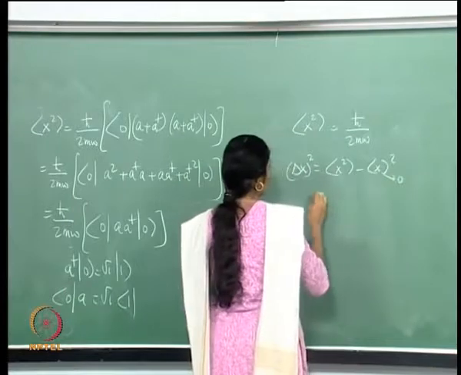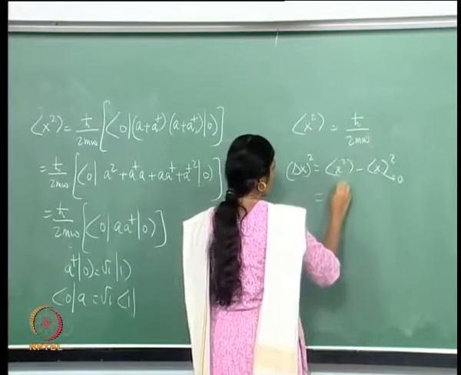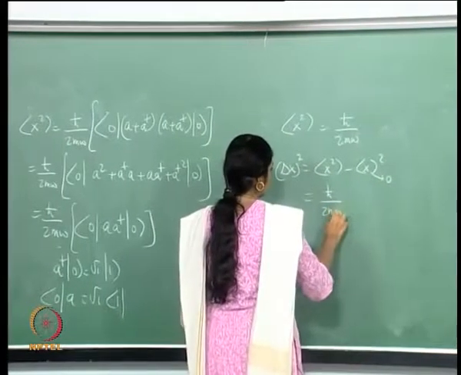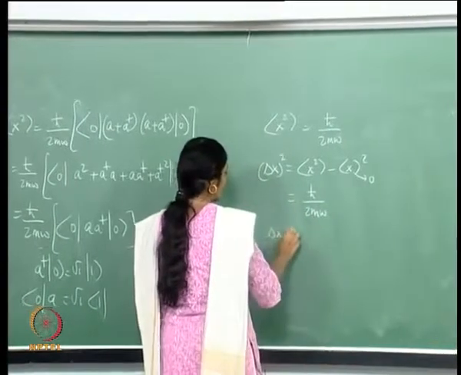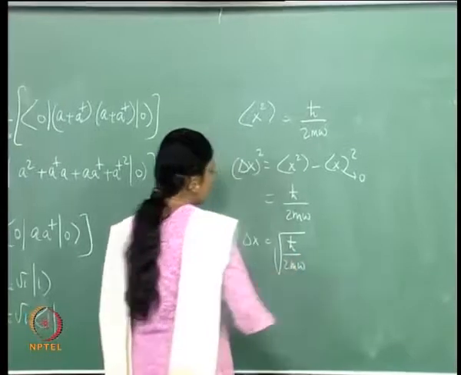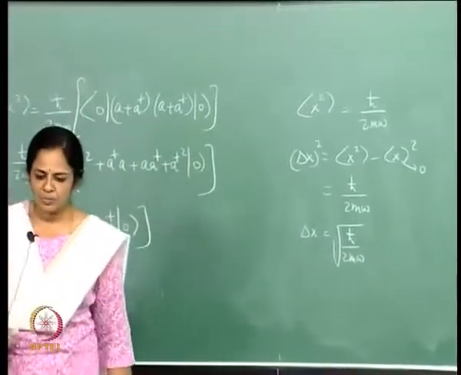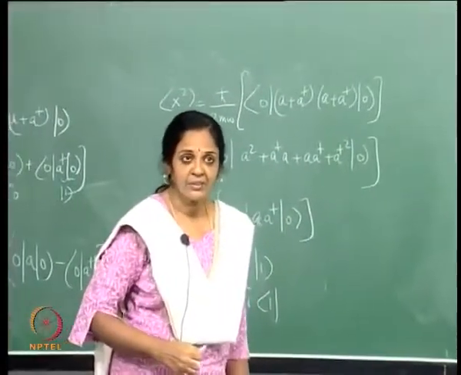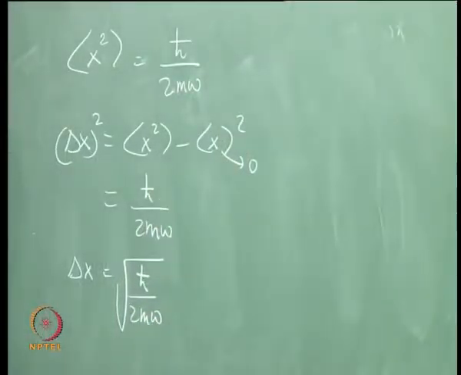Now, this object was 0 and this was h cross by 2 m omega, or delta x is equal to root of h cross by 2 m omega. So, there is a spread in x, although the mean value is 0, and that is given here.